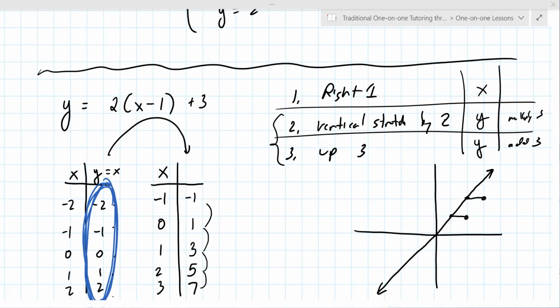Well, I'm going to show you something here that I hope doesn't add to the confusion.